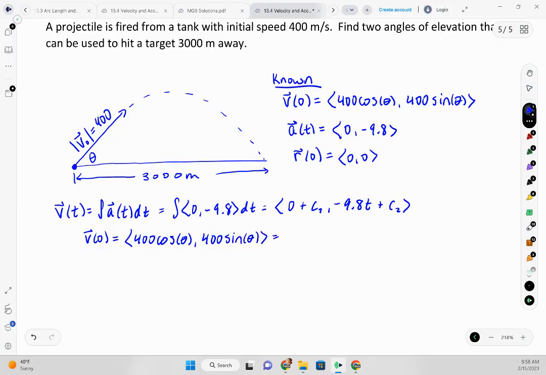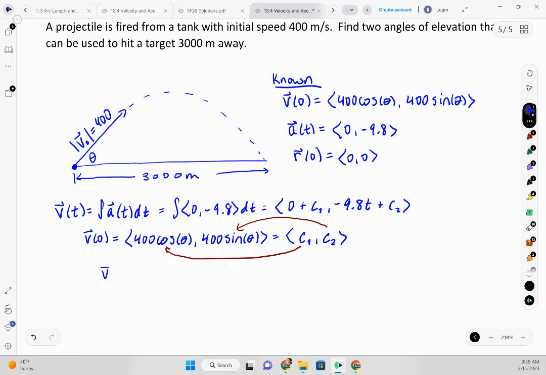And this is supposed to equal my velocity vector that I just found evaluated at 0, which would be <c1, c2>. So equating coefficients, c1 is equal to 400 cosine theta and c2 is equal to 400 sine theta. We have an exact equality.